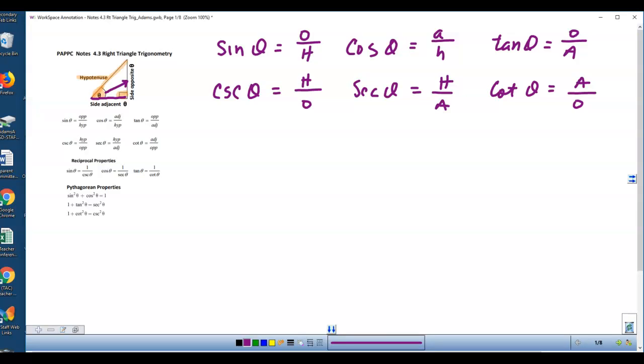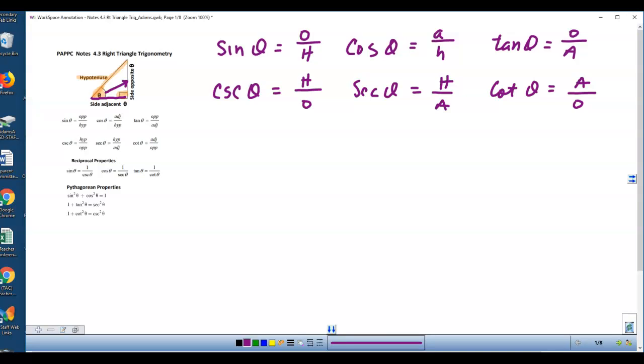The second thing is we're going to talk about some properties, the reciprocal properties. So sine's reciprocal is 1 over cosecant, cosine is 1 over secant, and tangent is 1 over cotangent. Those are all identities that you're going to want to know, and hopefully we'll use them enough that they become comfortable for you.